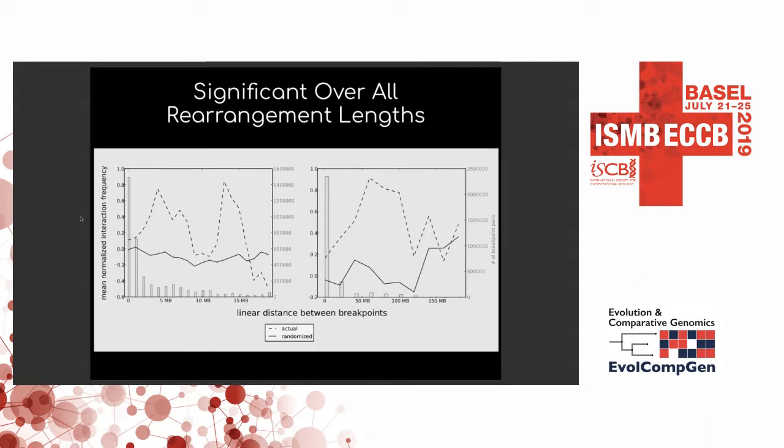This is not a pattern that is due to just particular rearrangements. If we look at rearrangement length, the distance between the breakpoints in 1D, and we look at the dashed line, the actual rearrangements, and the solid line, random rearrangements, the actual rearrangements are always closer.